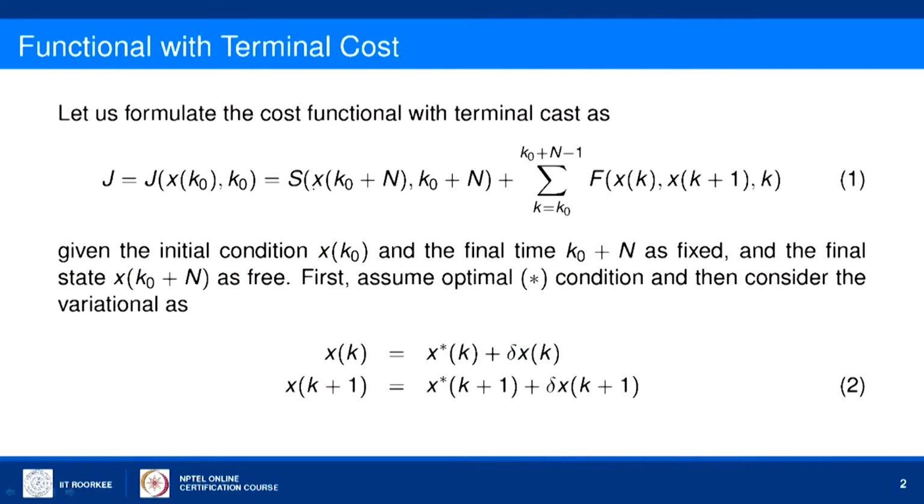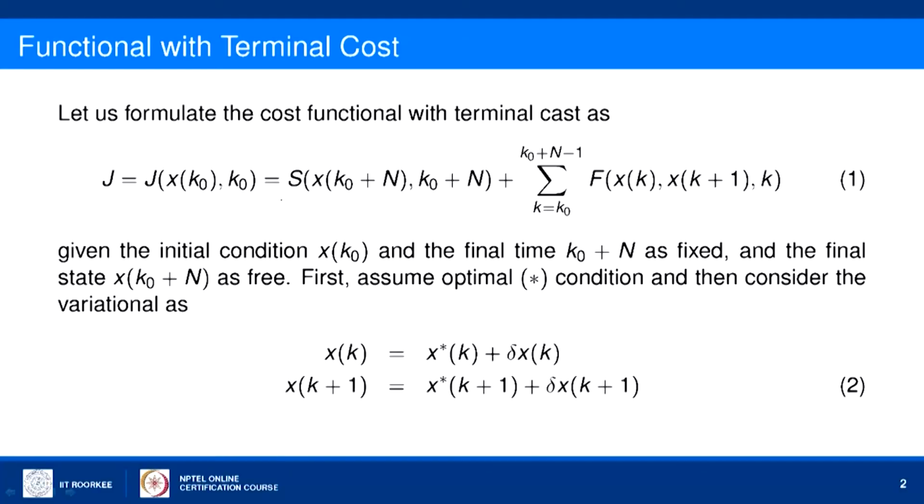So, minimizing J with or without S will give the same optimal solution. But in case x of k0 plus n is a free boundary condition, then the minimization of this expression has a meaning.